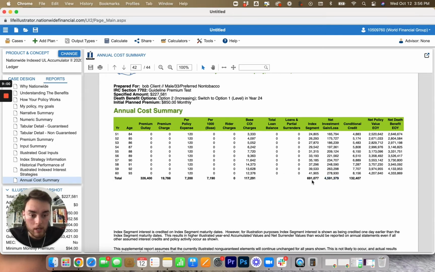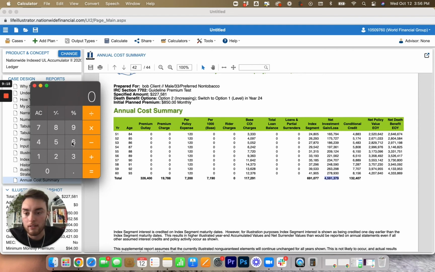So right here, the index segment and the conditional credits is basically this insurance company's verbiage for saying bonuses. And then this investment gain / loss here, this is your actual interest paid.